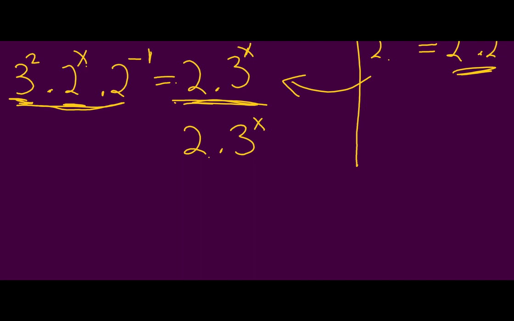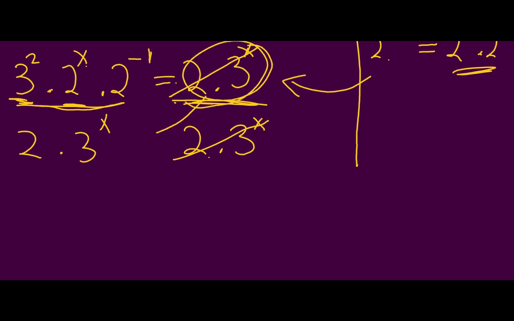I'm going to divide both sides by the same value, so 2 times 3x, right? And then after doing that, obviously these ones cancel out, right? So I have accomplished moving this term to this side. After dividing both by one value, we're going to have obviously a 1, because when you divide by the same value, you get 1.